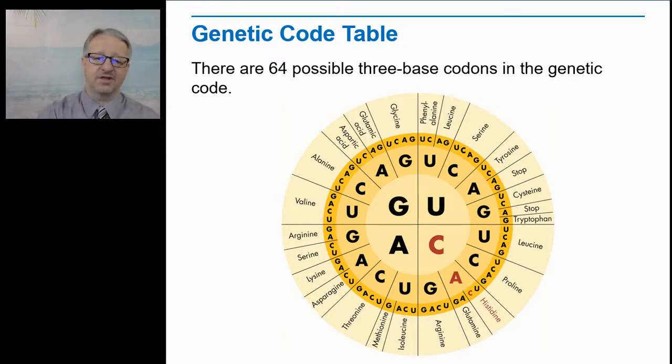You figure that out because there are 4 letters: A, U, C, and G, and we use 3 in a codon, so that would be 4 times 4 times 4, and that equals 64. That's how we get that.